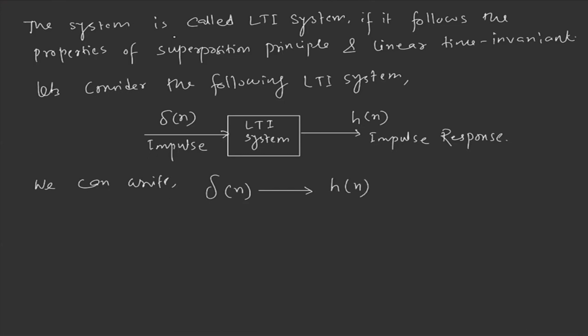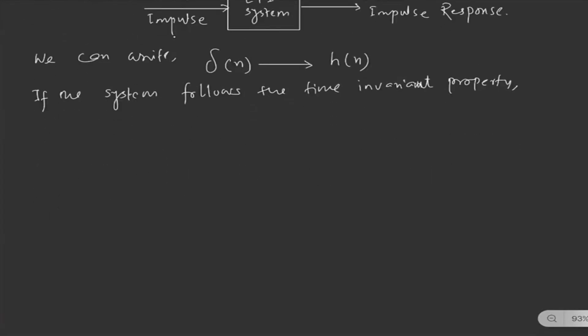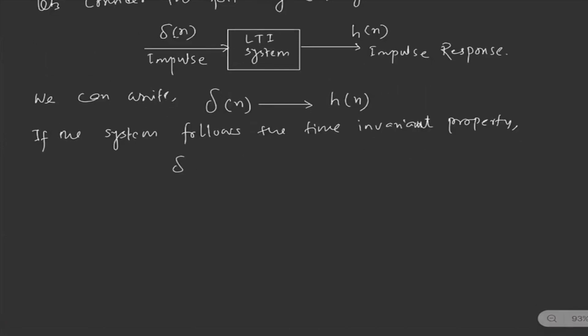Now, if you apply the time invariant property, if the system follows the time invariant property, we can write del n minus k.